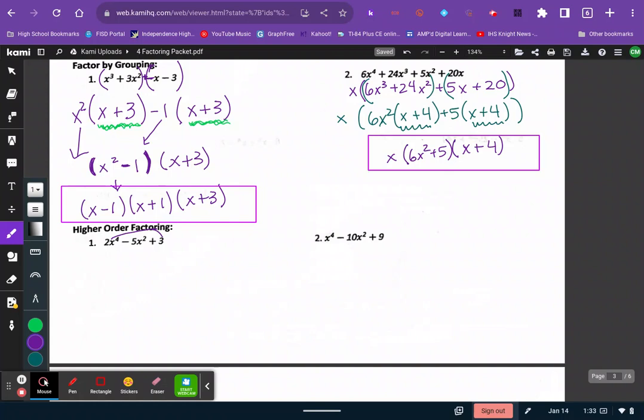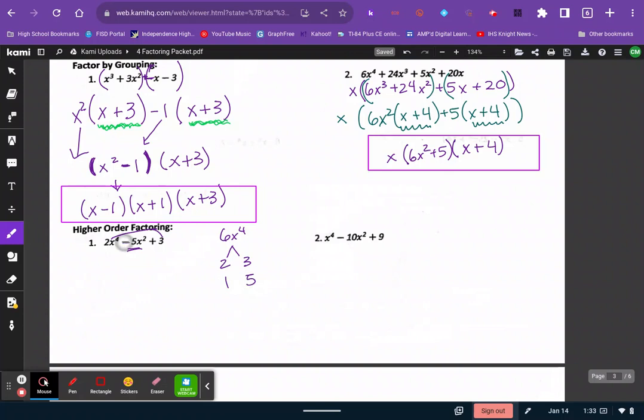Multiply the first and last terms, so 6x to the fourth. And then you look for 2 factors I can multiply to get 6x to the fourth. I need to multiply them together to get 6, and then I need to add them together to get -5.